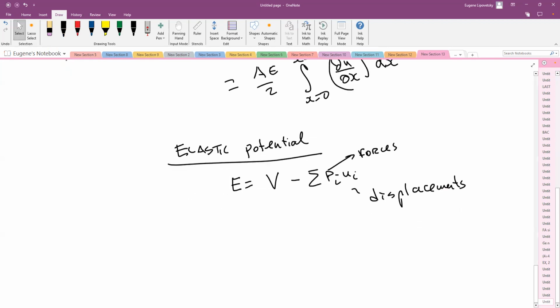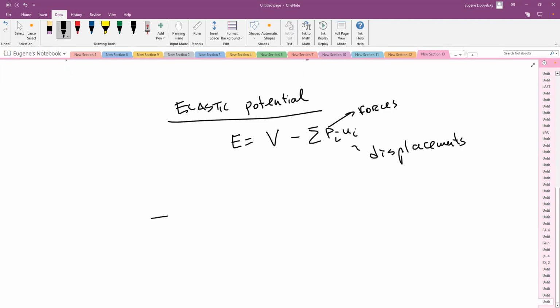So in our case, it will be equal to AE over 2, integral 0 to L of du over dx squared dx, minus integral.